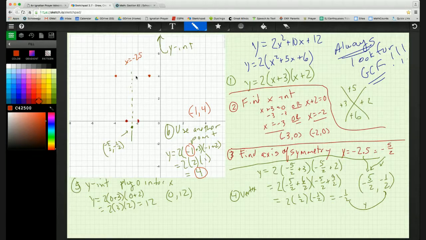That's a mirror. So we went 1.5 this way and 1.5 this way. And we can draw a nice curve like this. And that's going to go up to (0, 12), but we don't have that on this graph. Yeah, let's just do it like this.